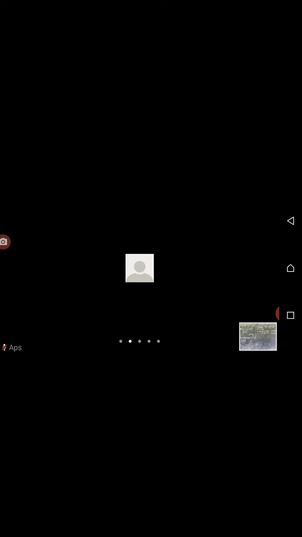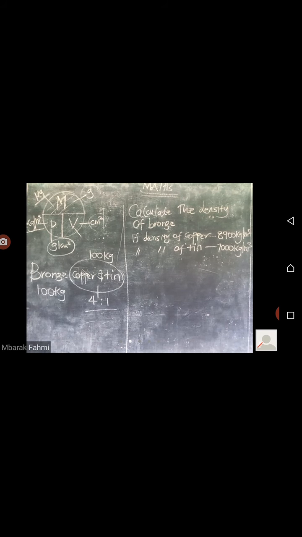So this question, you are told to calculate the density of the bronze. If the density of copper is 8,900 kilograms per cubic meter, and the density of tin is 7,000 kilograms per cubic meter.